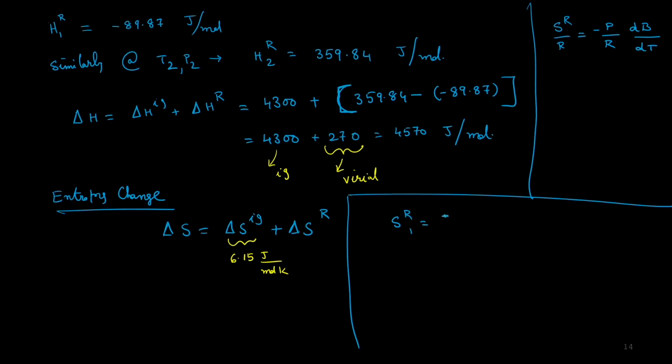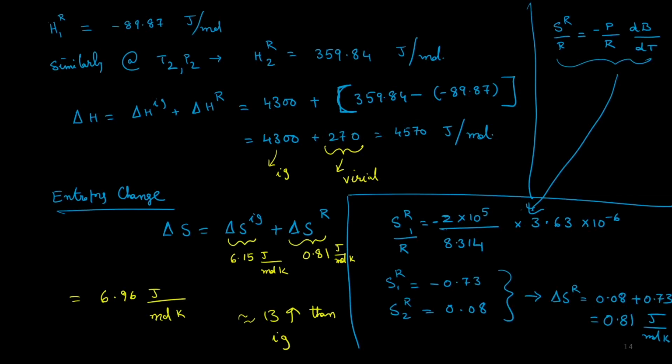It is negative the initial pressure, which is 2 bar, so 2 into 10 power 5 Pascal over 8.314 joule per mole per Kelvin, multiplied with dB over dt, which is 3.63 into 10 power minus 6 to correct centimeter cube to meter cube. This is S1 over R, and this value turns out to be negative 0.73.